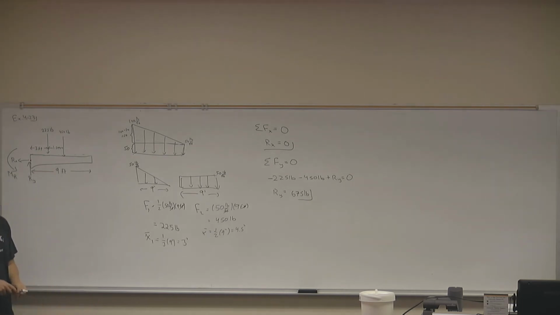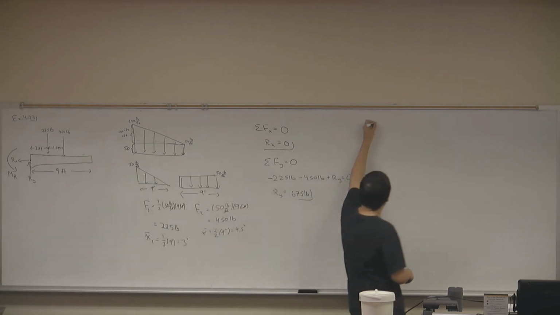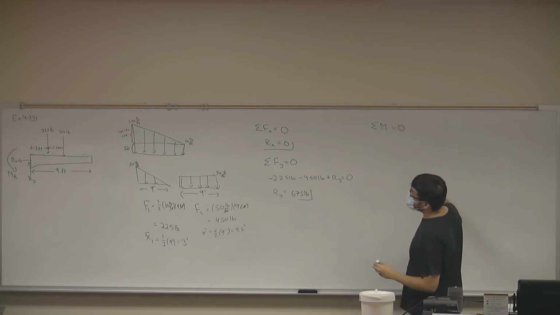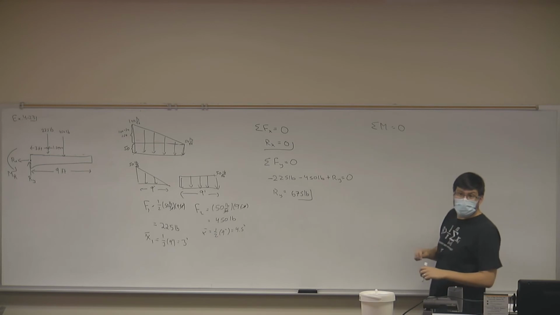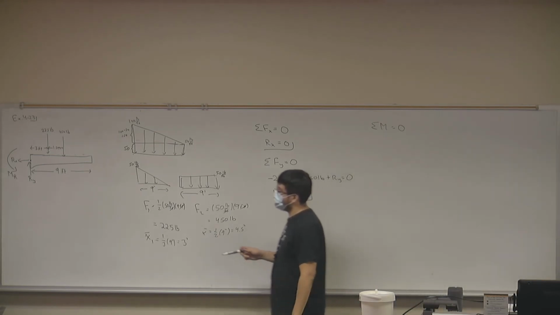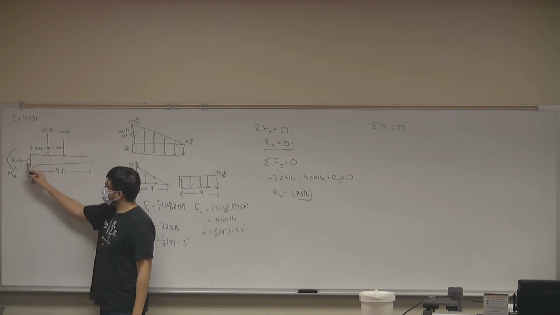Other Chris, let's wrap this up. Okay, we'll do the sum of the moments equals 0. Which point do you want to take your moments about? The original one that we already have.